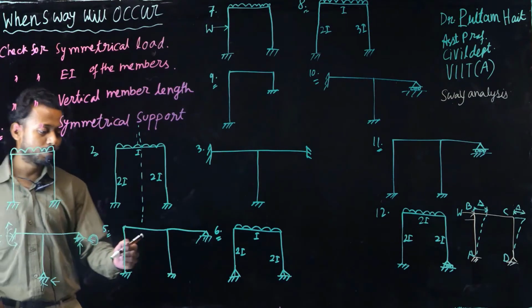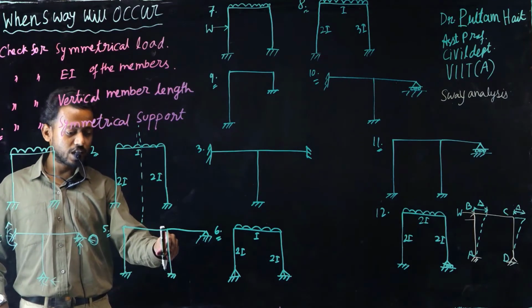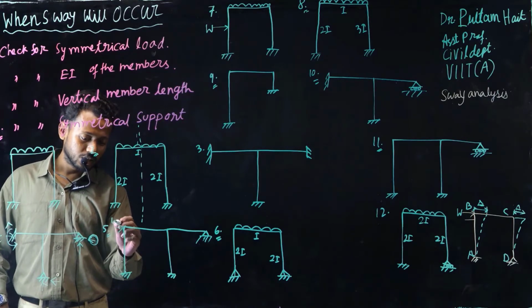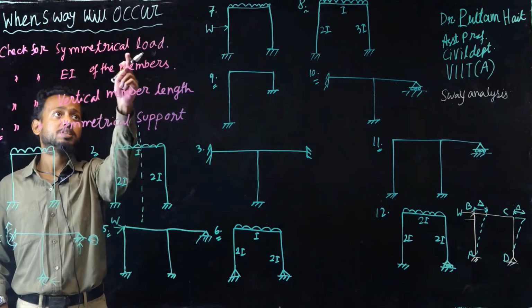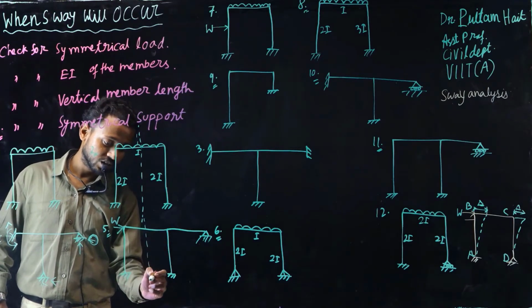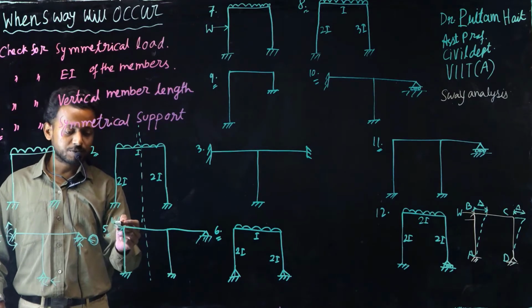Okay, come to this case. Here also, suppose it is subjected to an unsymmetric load. Symmetric load is not given, it is an unsymmetric load, because if you cut the section, the load's CG is on the left side.